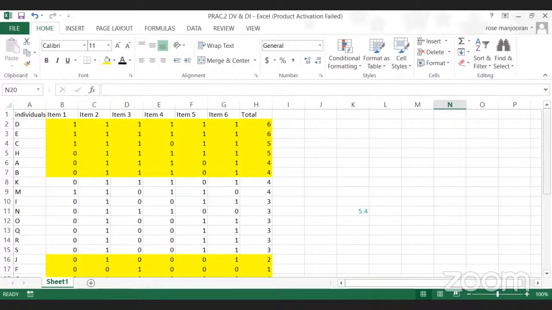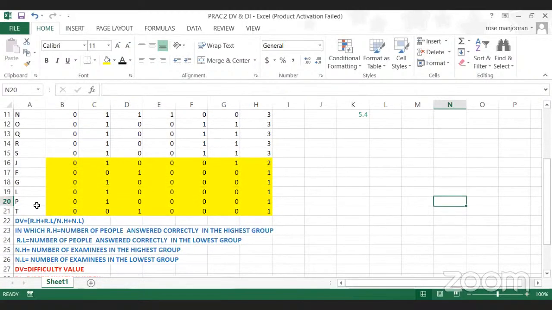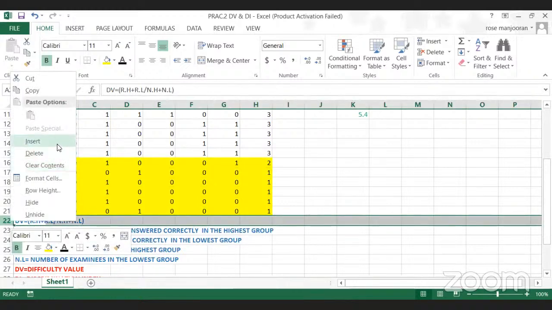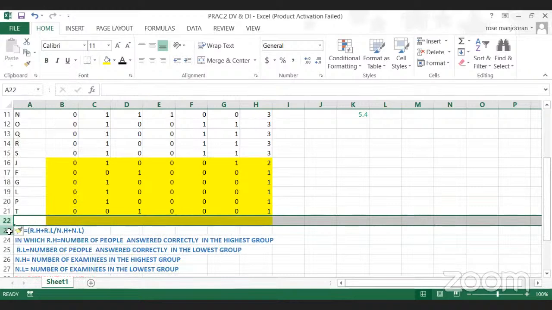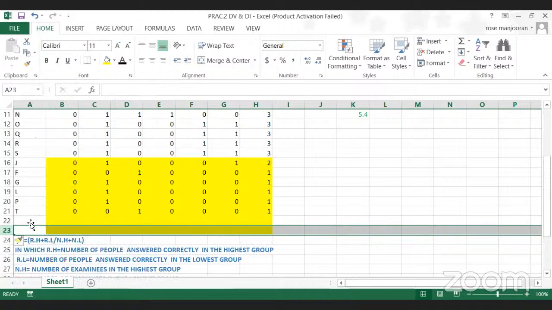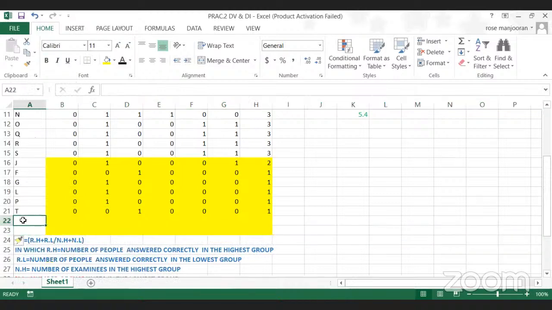Now what we have to do is type RH here, and here we type RL.